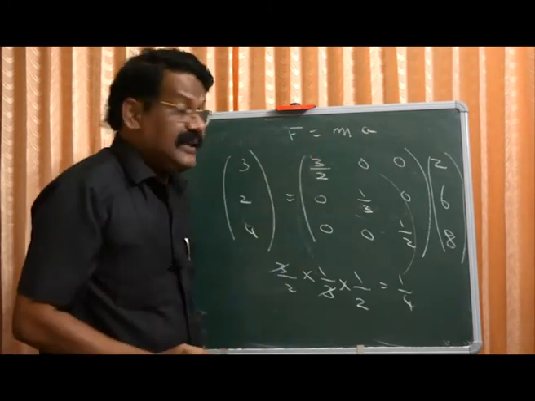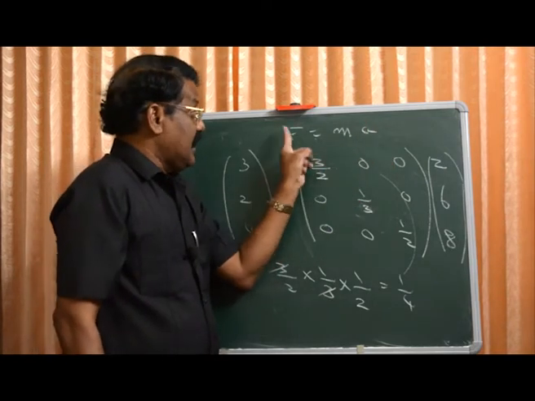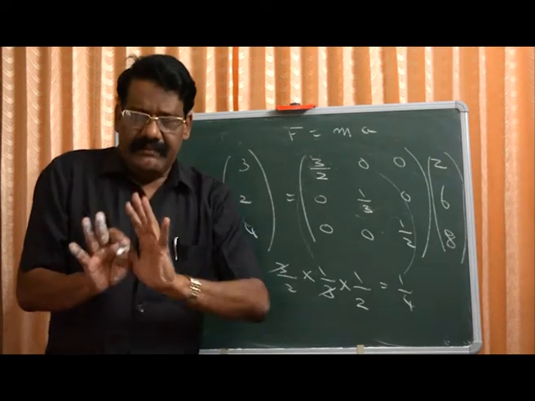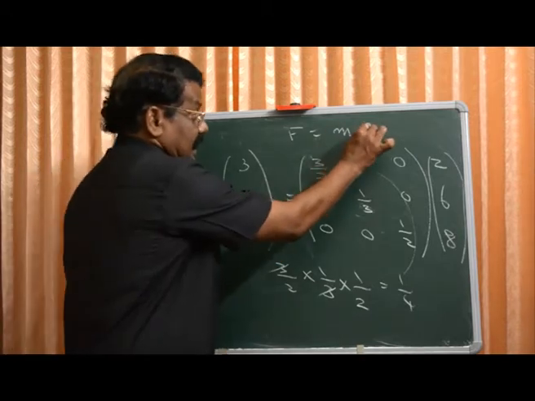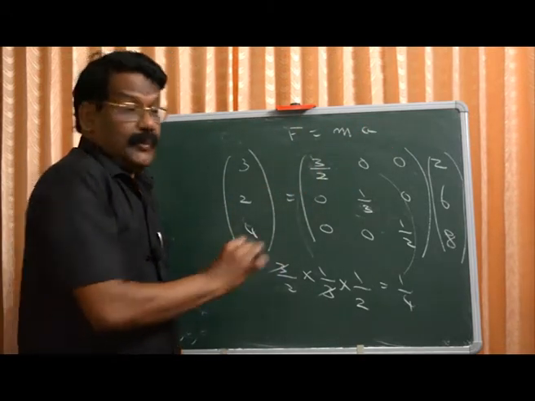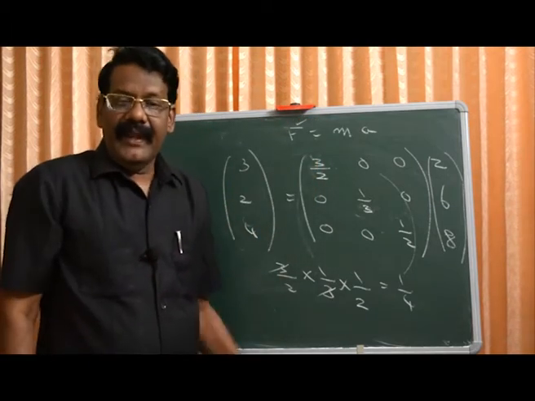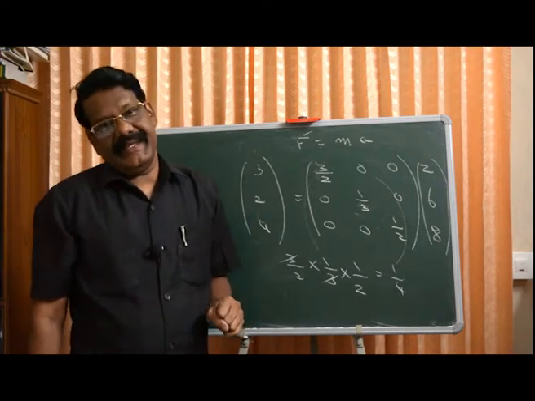Suppose I want to predict acceleration. In that context, F and A will obviously be different, because the sodium chloride crystal is completely anisotropic. So to predict A knowing F, M automatically turns out to be a tensor, a multi-component entity.